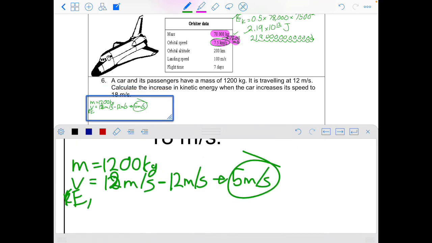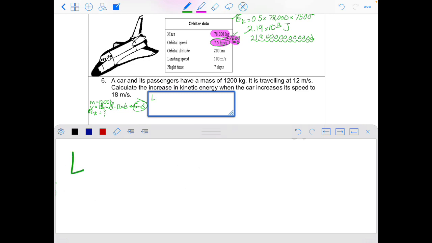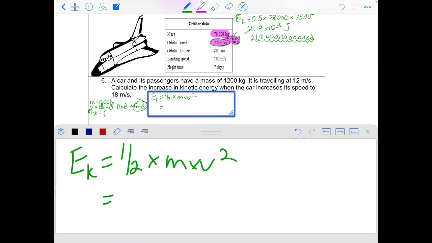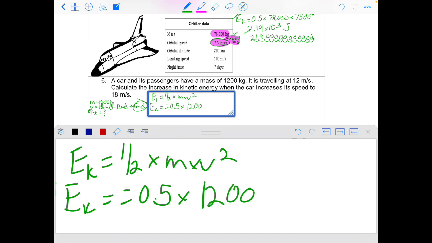So our kinetic energy is what we don't know, our question mark. So we plug in our formula. Kinetic energy is equal to 1/2 times mass times velocity squared. So our kinetic energy is equal to 0.5 times our mass 1200 times 5 squared.